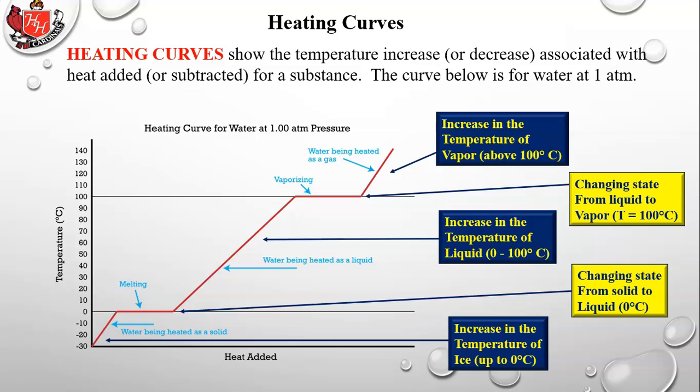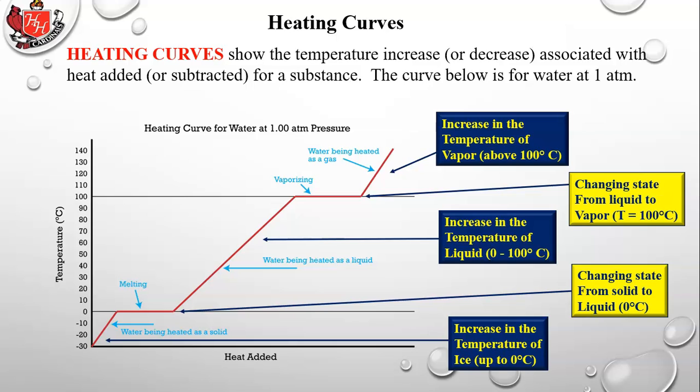So what you see, that sloped line that goes from negative 30 degrees up to 0, the water is in the form of ice. And so you see that's an increase of temperature of ice up to 0 degrees. Once it reaches 0 degrees, the ice starts to melt.